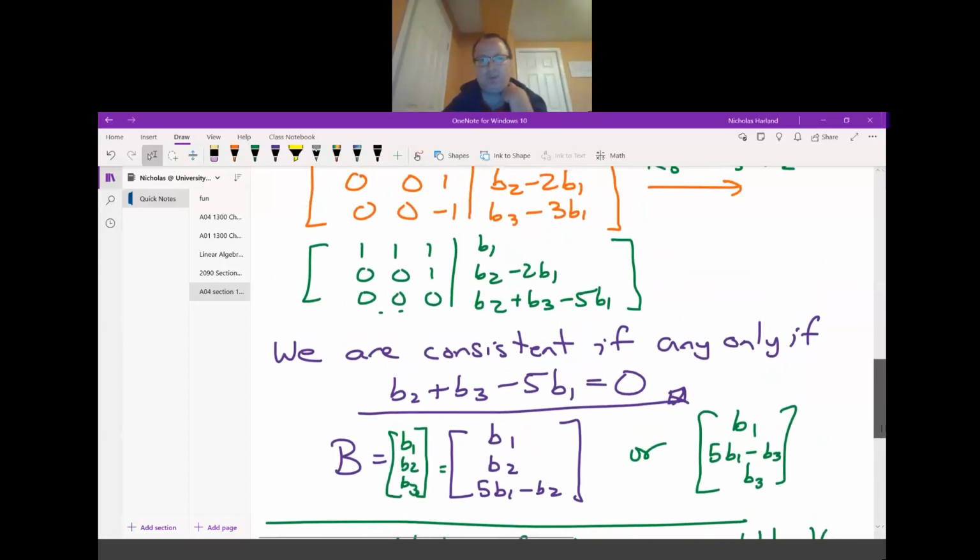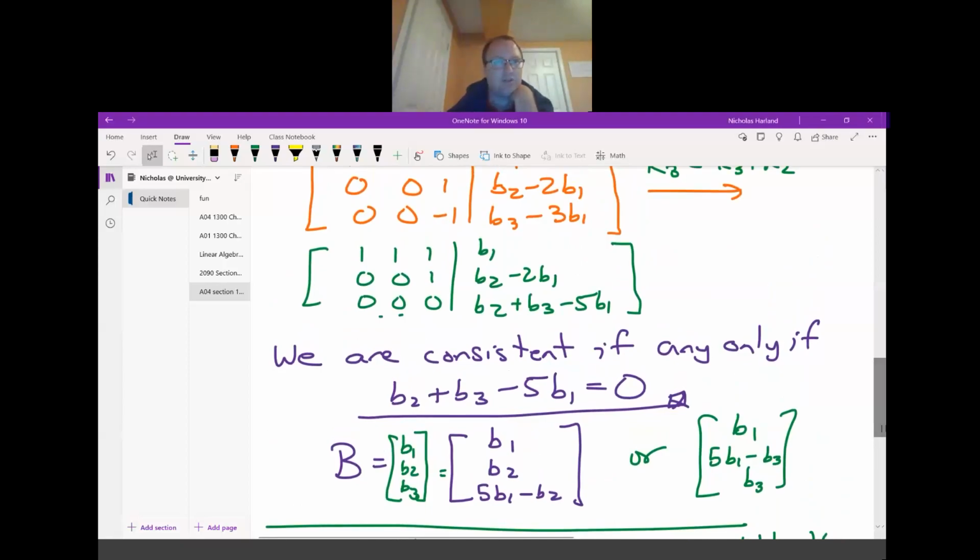I'm not 100% sure that this was your question, but we don't need to worry about this because this would say x3 is equal to what we have right there, which is part of the solution. But all we care about is whether or not there is a solution, not what the solution would be.